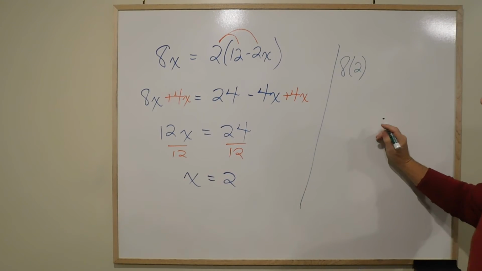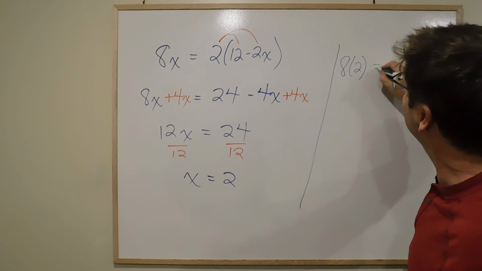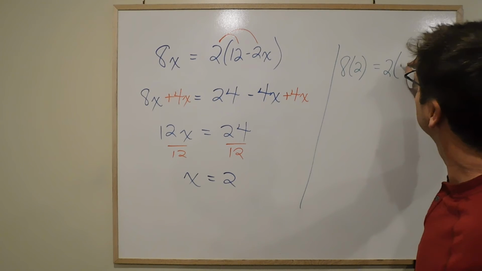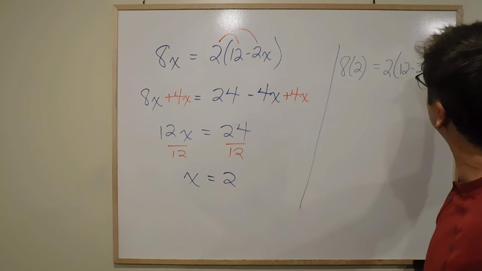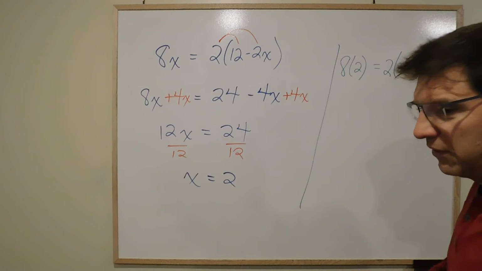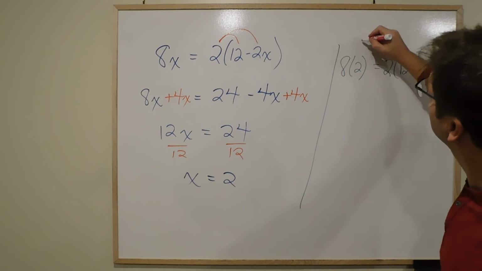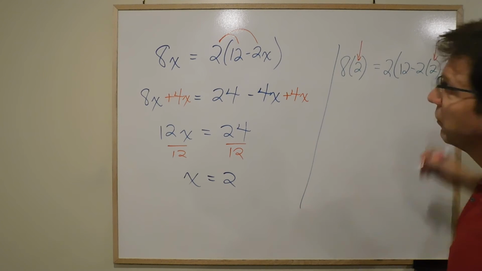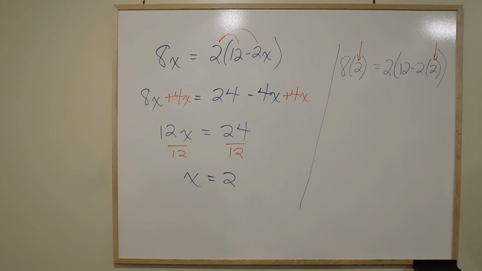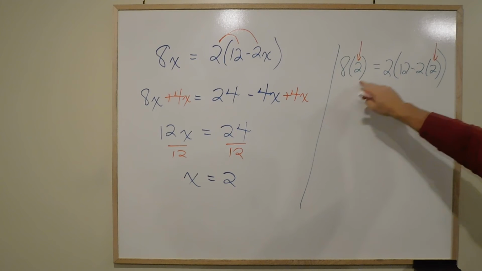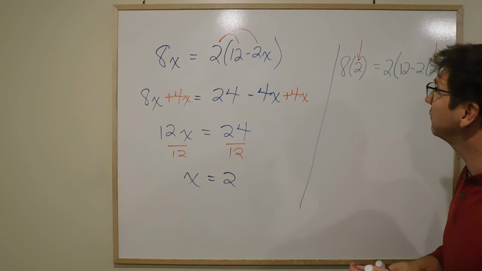So 8 times 2 equals 12 minus 2 times 2. Where the x's were, I put in 2. Then we work it out and see if the left side equals the right side. We're going to see if that's true.